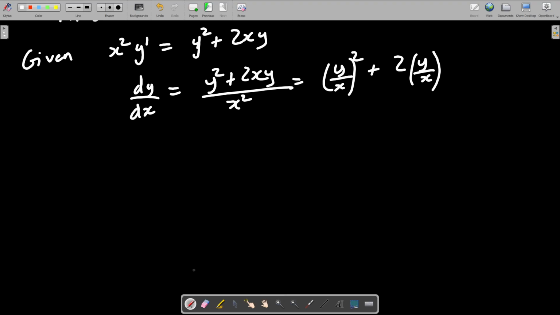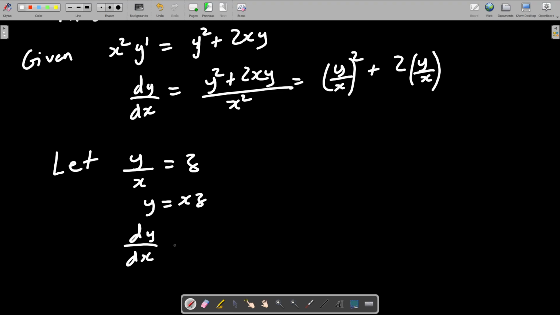So let y by x be equal to z, so y is equal to xz, so dy by dx is going to be equal to z plus x times dz by dx.